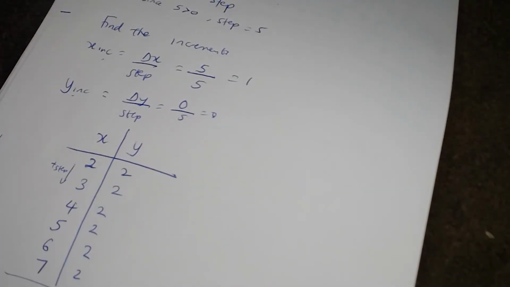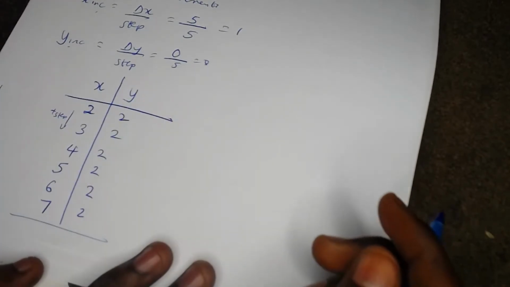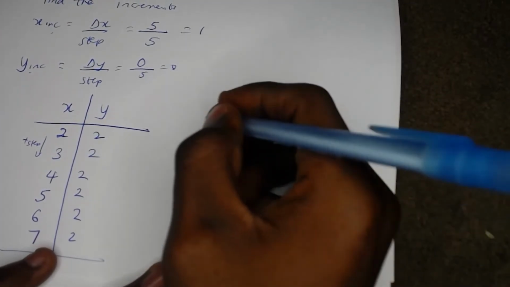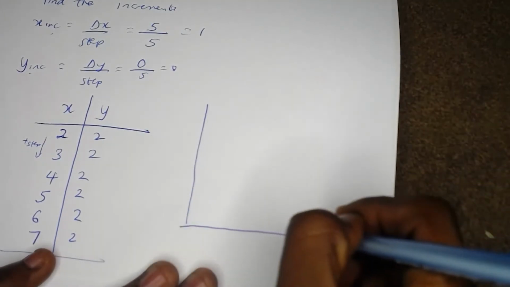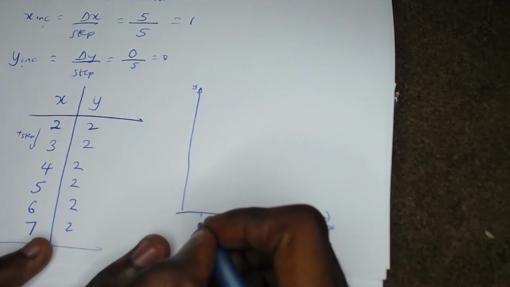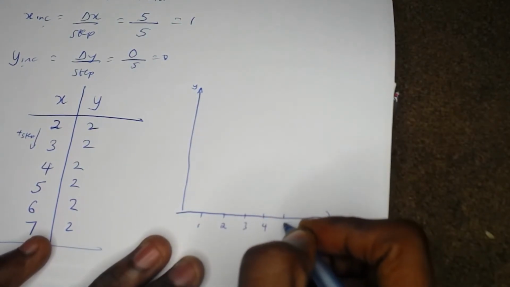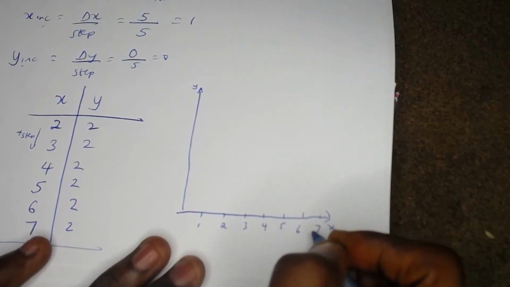Okay, so from this, we can now draw our graph or sketch our graph. Now, I'm not going to use a ruler here. I'm going to do freehand sketching just to illustrate the concept for you. So we have both the x-axis and the y-axis. Let's assume that we have 1, 2, 3, 4, 5, 6, 7.